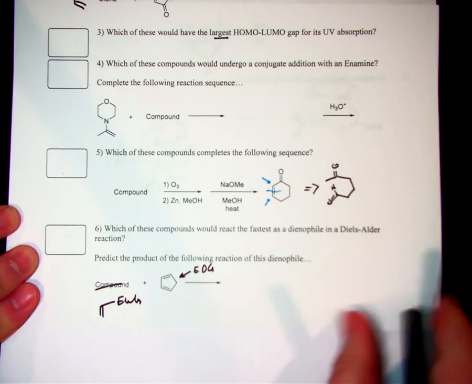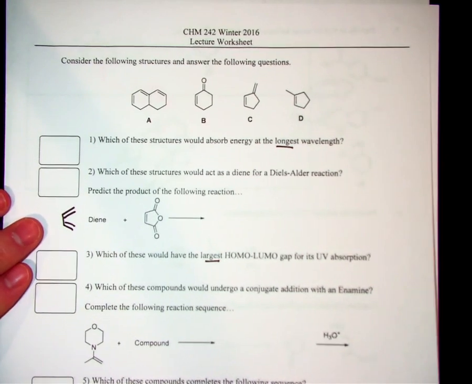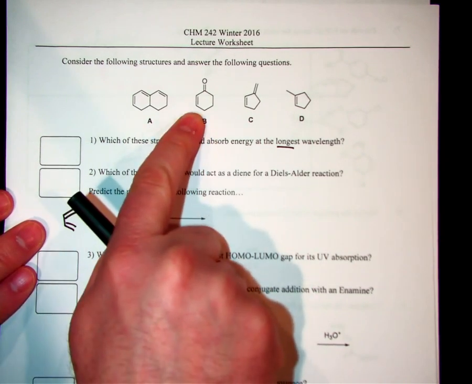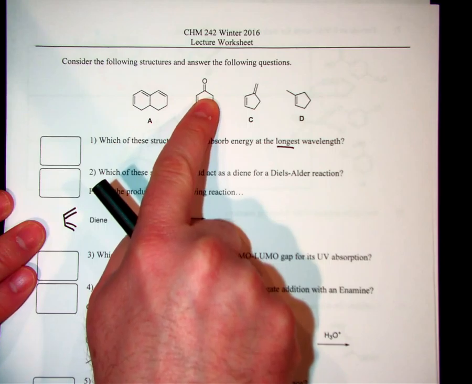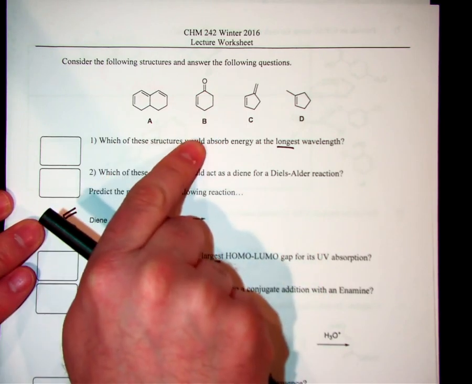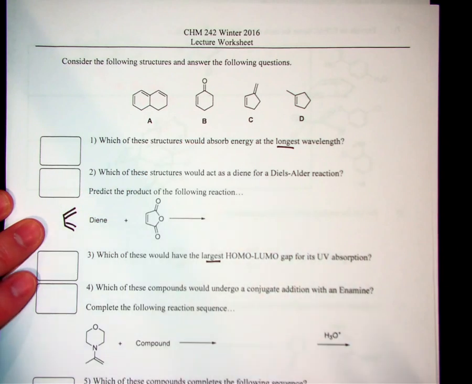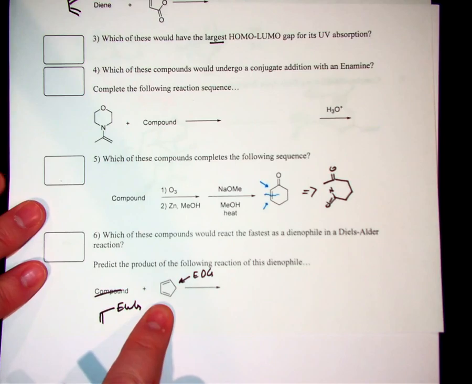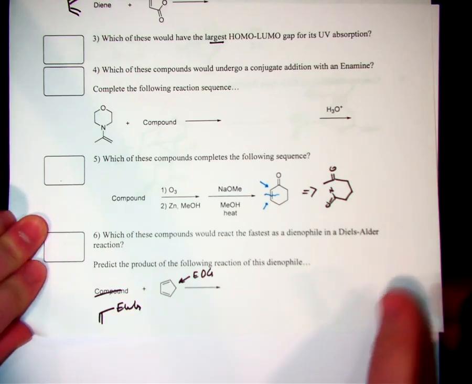So with that in mind, if we look at the potential compounds that we have, compound B is the only one that has an alkene that is attached to an electron withdrawing group, which is this carbonyl. So compound B must be the dienophile that we're using in question. So let's take a look at what happens as we take compound B and react it with this cyclopentadiene.